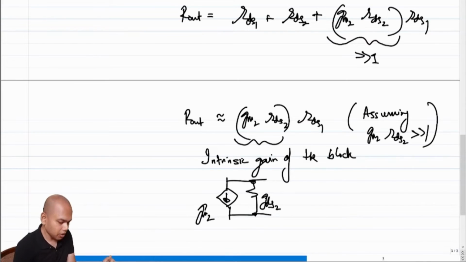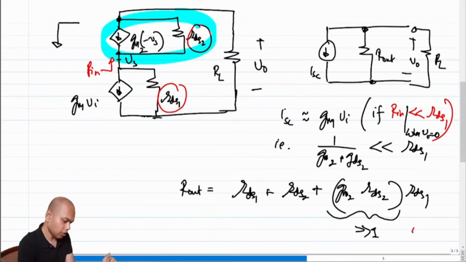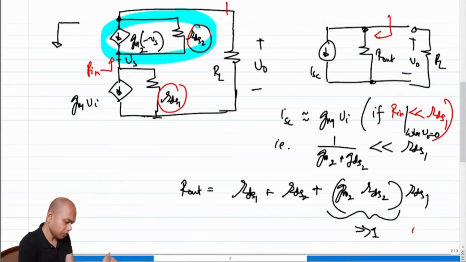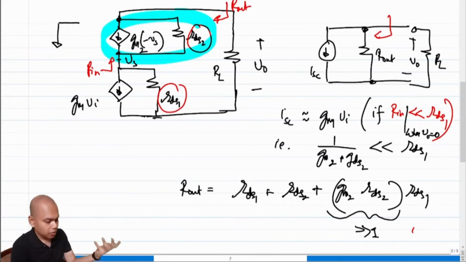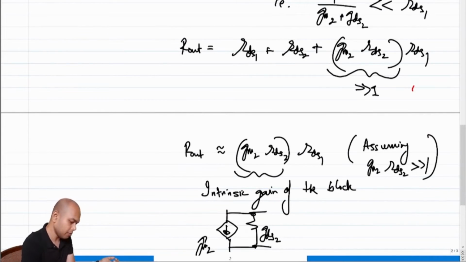So why am I saying all these things? I am saying all these things because it seems like the output impedance of this contraption, the output impedance looking here, in the absence of the current buffer would only have been RDS1.